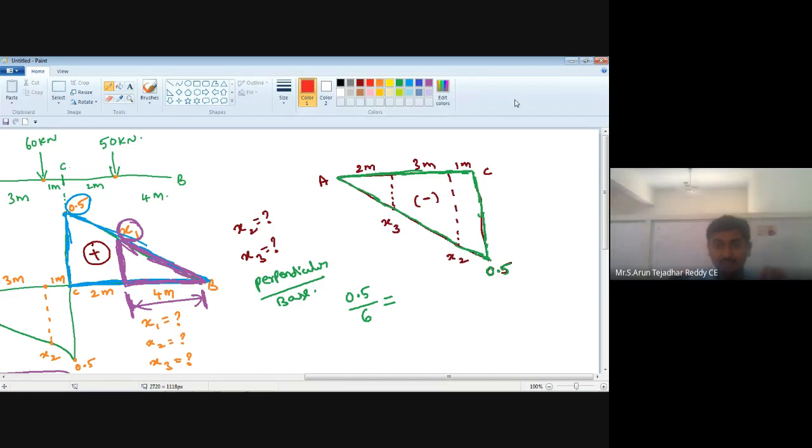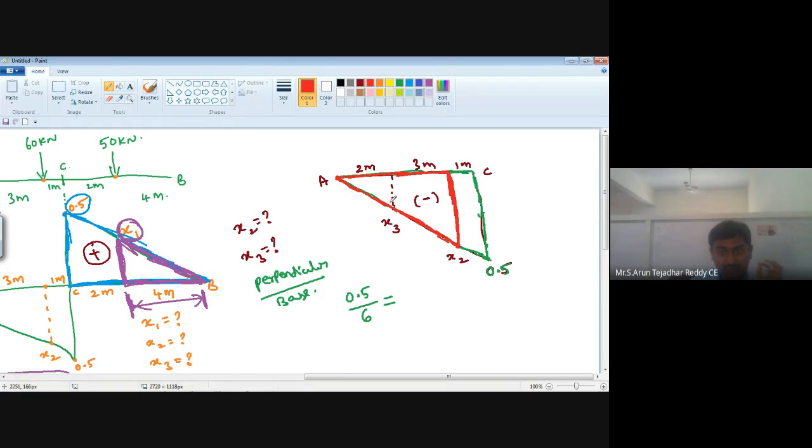I'll take red color. I need the x2 value. It means from point A up to x2, make one triangle. Observe the red color, the other similar triangle, up to x2. Now you can observe the full red color triangle.